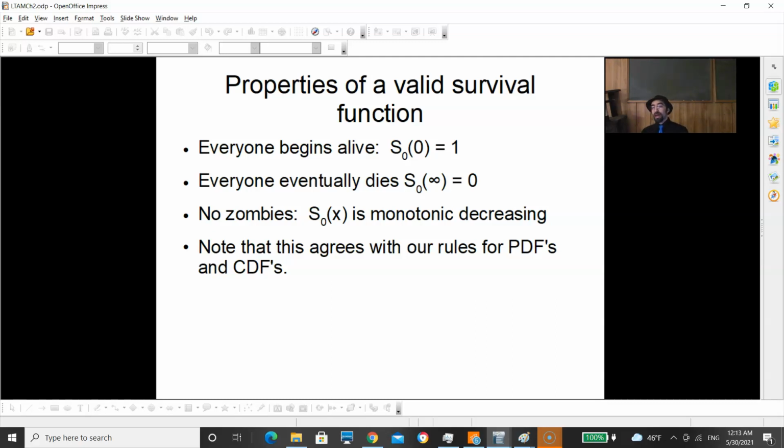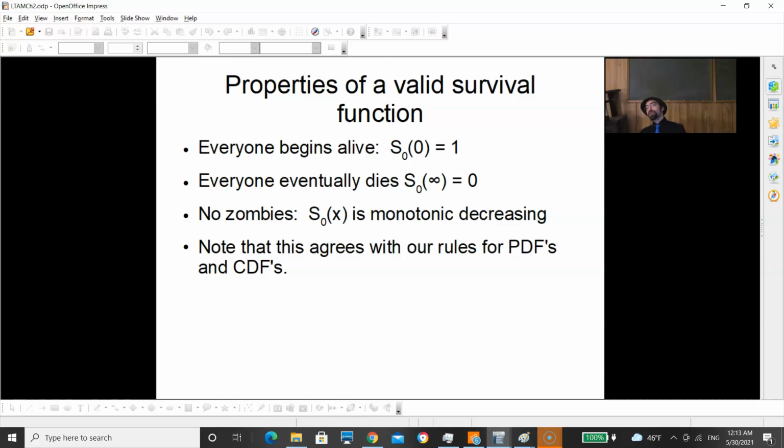We often refer to that number as omega, so we'll say S sub 0 of omega equals 0. And finally, there's the condition that I call the no zombies condition. As far as I know, I'm the only person who works as any form of an educator who actually refers to it that way, but if you call it that, people should be able to figure out what you're talking about. Just that S sub 0 of x is monotonic decreasing. In other words, once you die, you stay that way, so no zombies.